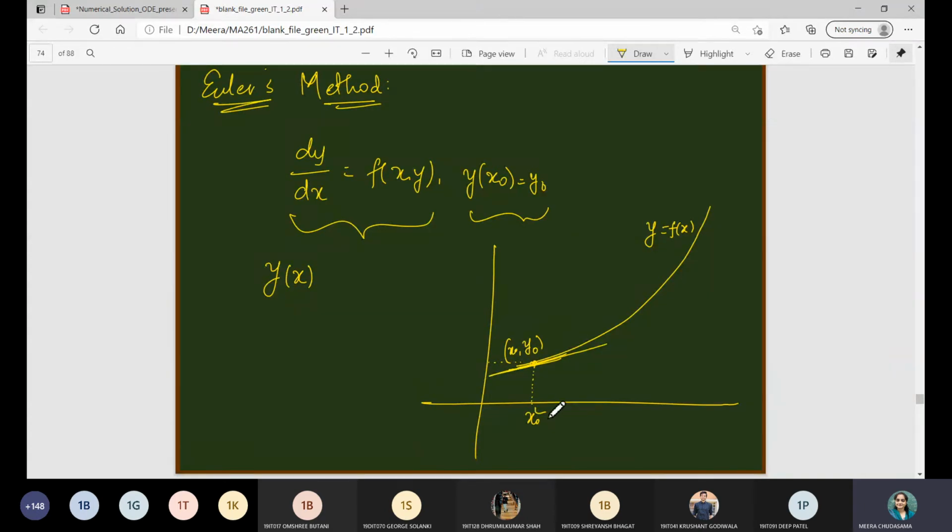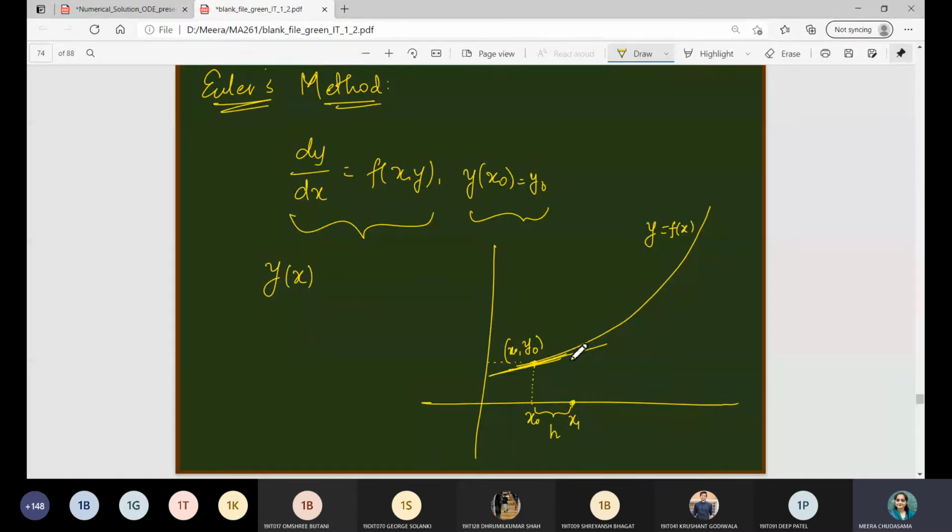Then you consider a small step size h. So this point will be nothing but x1. You already have x0, and you can decide the step size h, so you choose a small step size so that you can find x1.